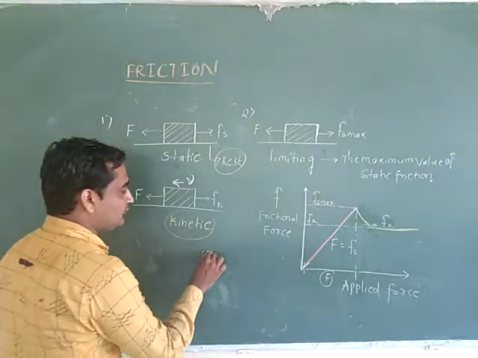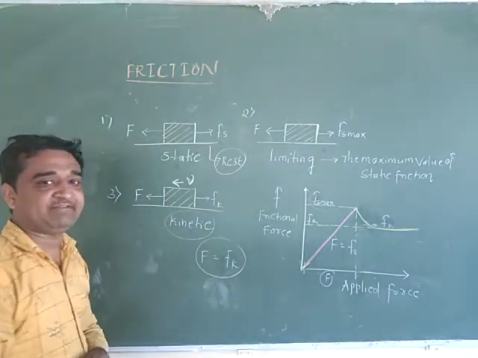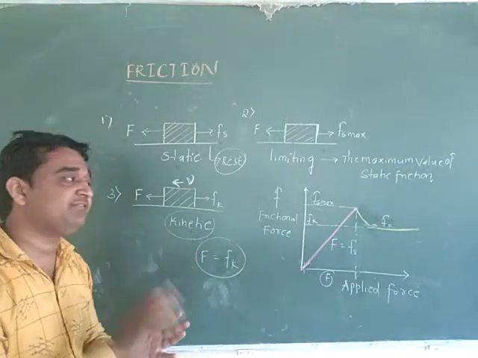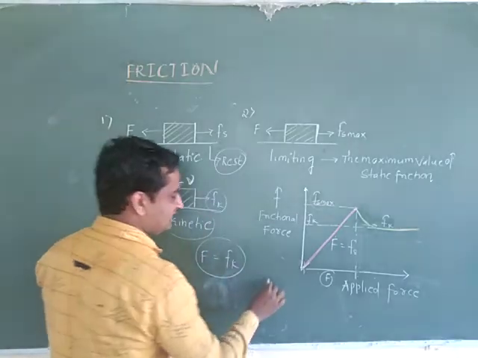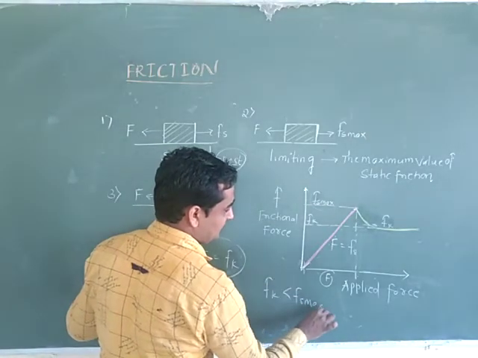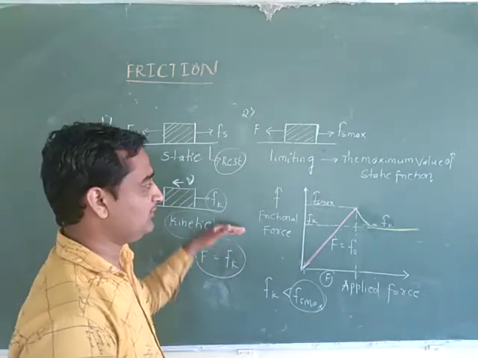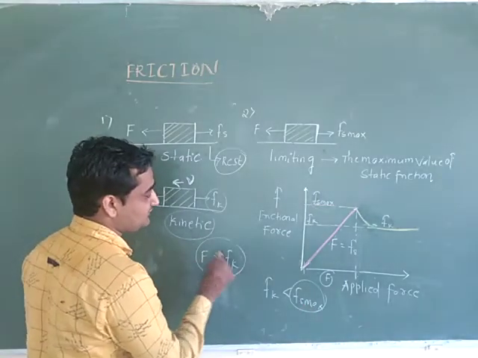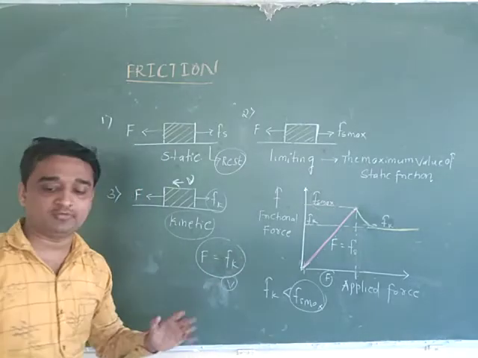When the two bodies are in motion, there is friction, and that friction we call kinetic friction. But this kinetic friction Fk is less than Fs max, the limiting friction, and then the body starts to move, right? So if the applied force F is equal to the kinetic friction, then the body moves with velocity v with uniform motion.